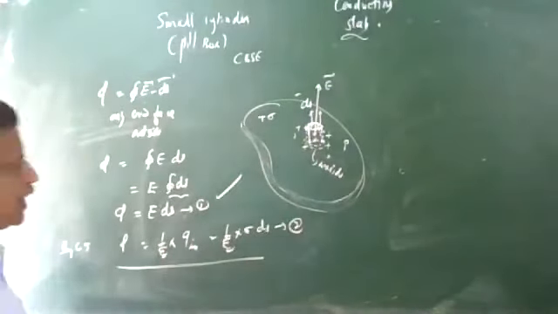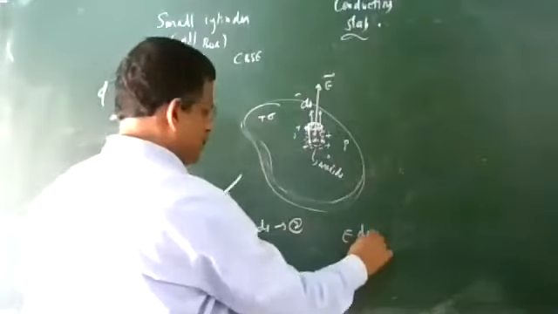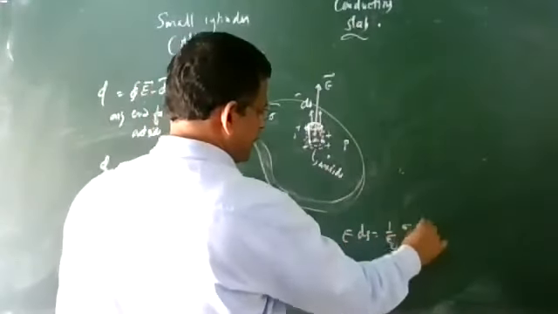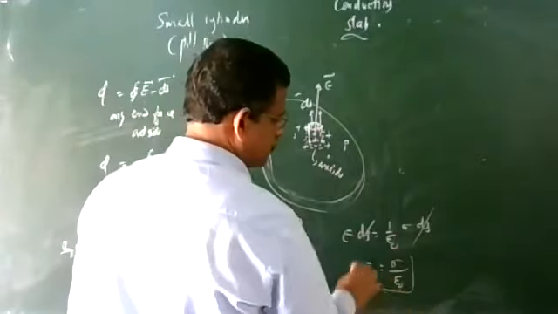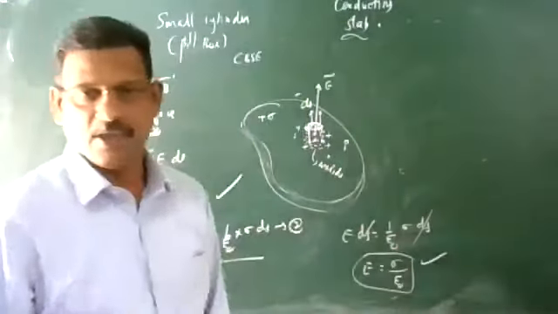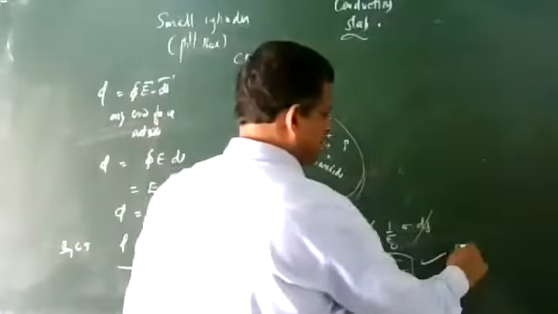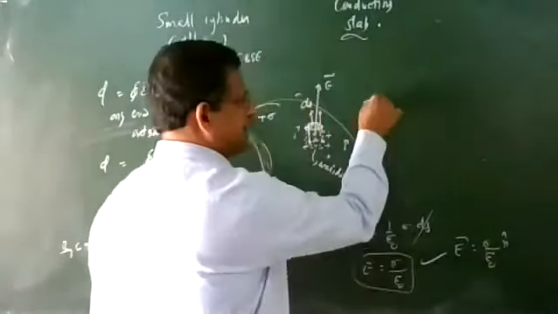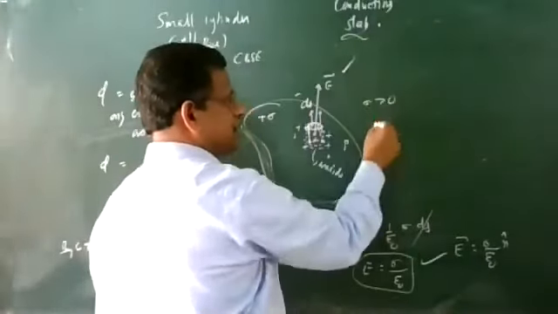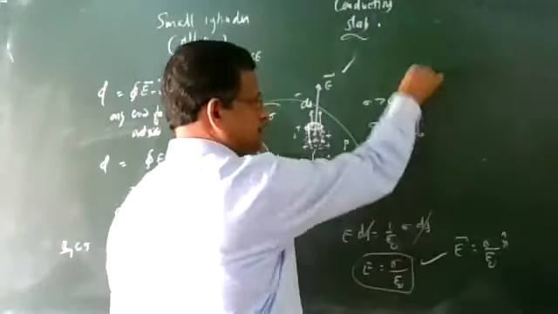Equating these two values, E ds is equal to 1 by epsilon 0 sigma ds. So ds cancels, and at any point on the surface of the charged conductor E is sigma by epsilon 0. In vector form, we write E vector is equal to sigma by epsilon 0 n cap, where for sigma greater than 0 the field points outward, and for sigma less than 0 it points inward.